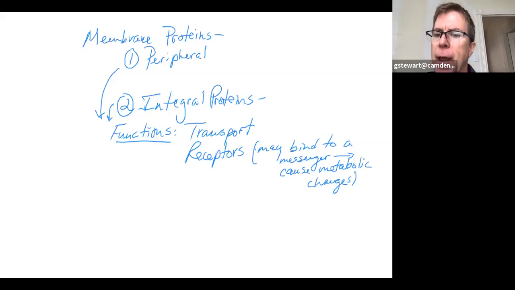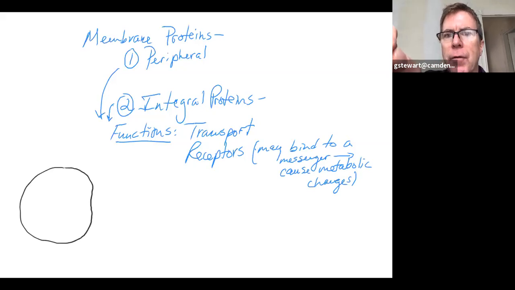So, for example, if I have a cell here and there's a hormone, their hormones are small. There's a hormone out here, and let's say that hormone is water soluble. It can't just slide right through that phospholipid bilayer.